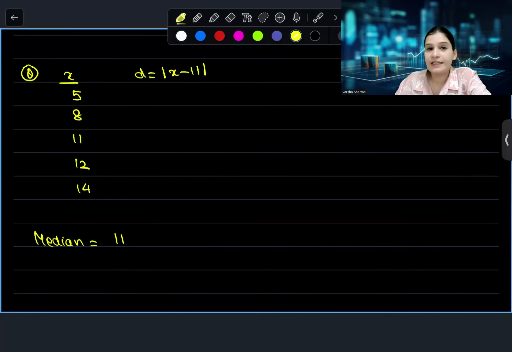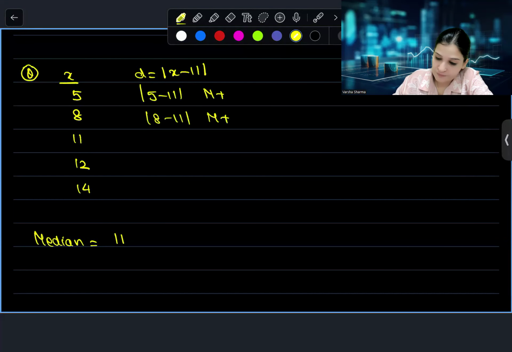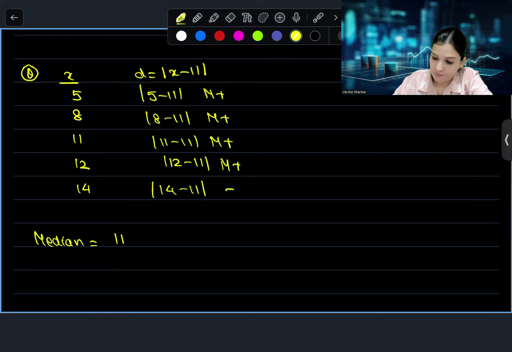From all the x, subtract 11, add them, divide by the number of observations. What is mean deviation? 2.6.